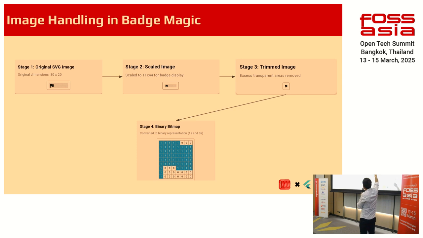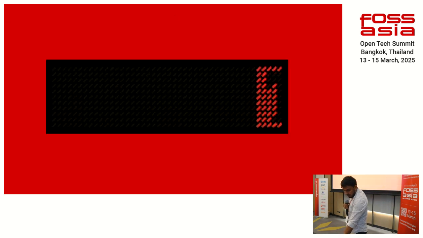After trimming, the image looks something like this. And when we convert the image to a binary bitmap, we can find the image by following all the ones in it. If we take the image and put it in a 2D list, we'll find the same image represented by ones if we map all the ones. So that's basically how everything is happening.